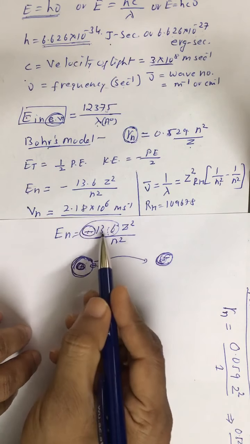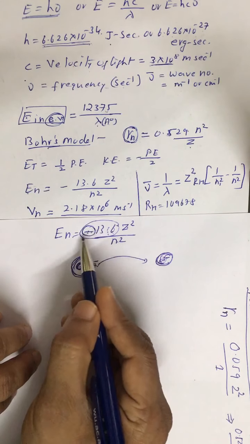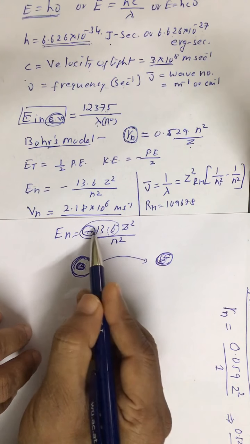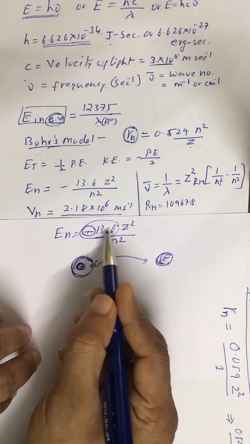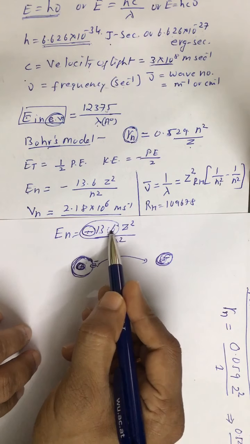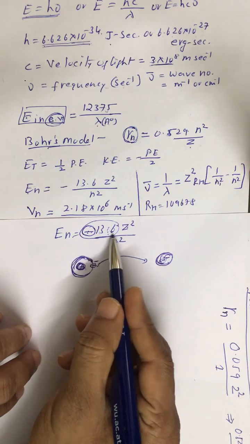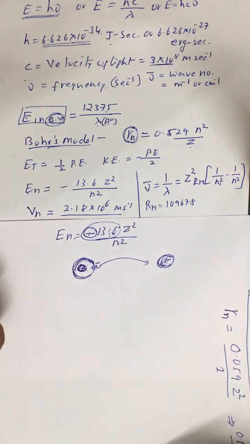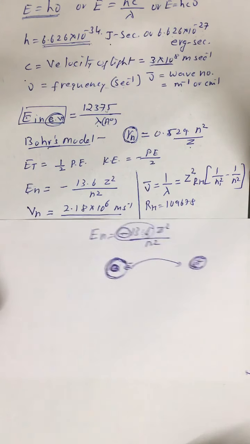And now if you want to ionize hydrogen, if you want to remove that electron, you have to provide the same amount of heat energy which was evolved. That means if you can provide 13.6 electron volt of energy, this electron can be emitted. So this is the ionization energy of hydrogen as well.